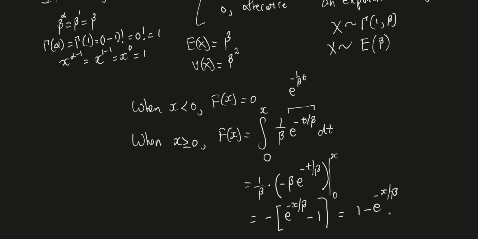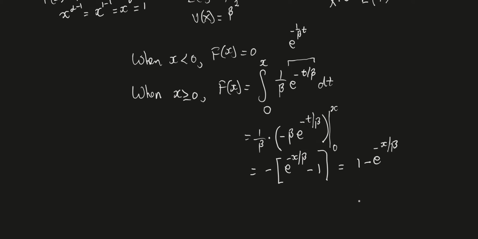Such a simple function to use as a CDF, which makes computing probabilities so easy now because we actually have the area function computed in a nice closed elementary form. So let's write down our CDF as a piecewise function.